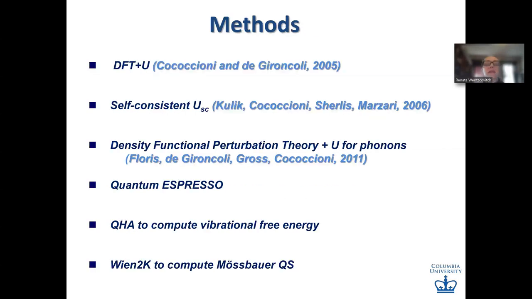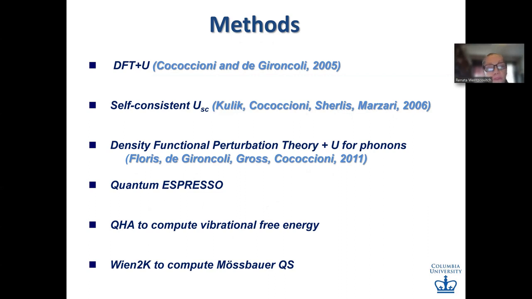And so the methods: we started working with Stefano and Matteo in 2004, and that's the first method we used. Then we moved into the self-consistent U calculation. Qualitatively, the physics does not change, but there are quantitative changes.